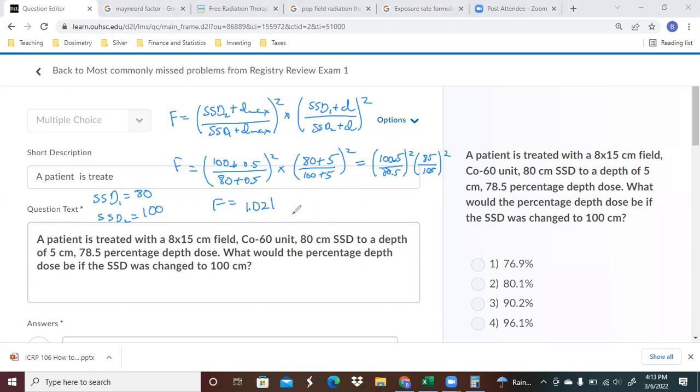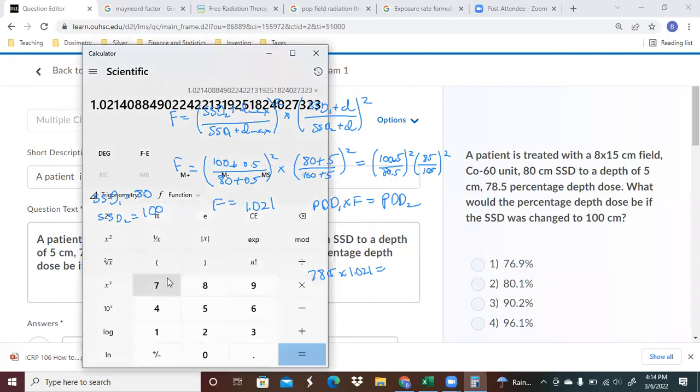Now, how do we go about using this? Well, we know what the Maynard F factor is now. What we're going to do in order to be able to change the PDD is take the old PDD, multiply it by the Maynard F factor, and that becomes the PDD of the new one. So the old PDD is 78.5. We're going to multiply that by 1.021. And let's see what we come up with. 80.18.